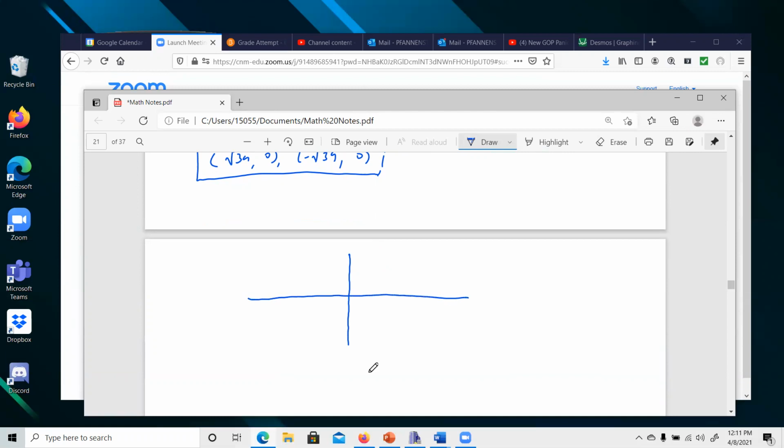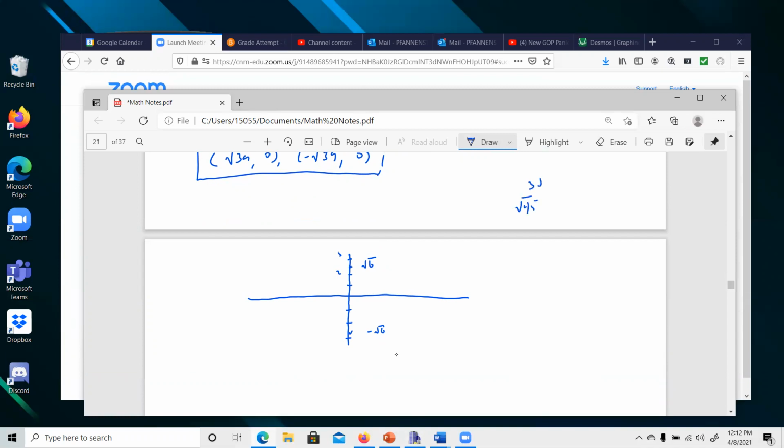Okay. Let's see, square root of 6 is somewhere between 2 and 3. So here's 1, 2, 3. So we'll say the square root of 6 is in here somewhere. So this is square root of 6. 1, 2, 3. We'll say the negative square root of 6 here. And then we have square root of 45.